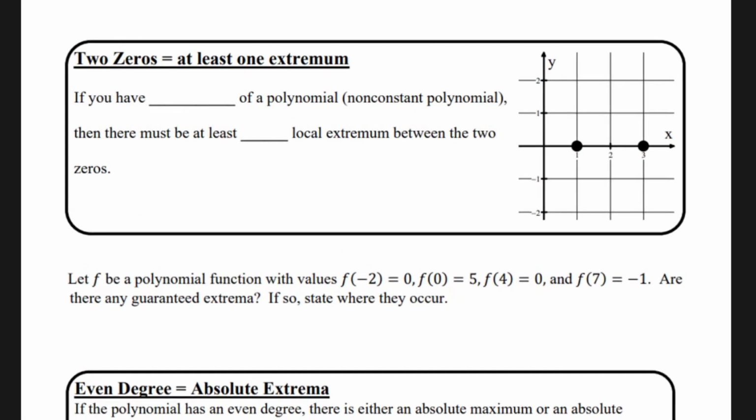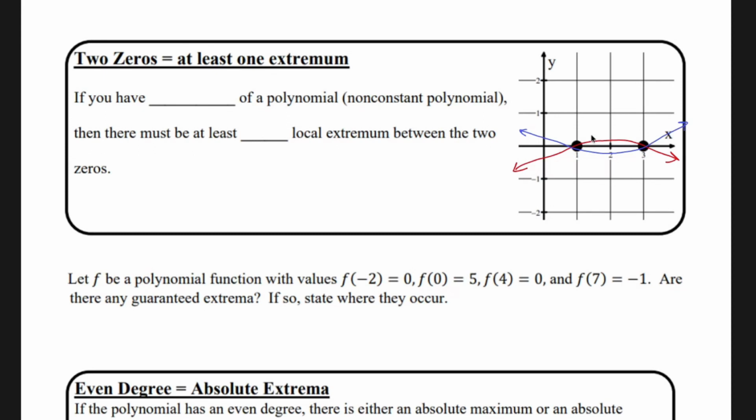Now, a zero is wherever you have a graph that hits the x-axis. Common sense would tell us that at the worst, I have this little shallow hill right here, or I could have this really shallow pool type thing.